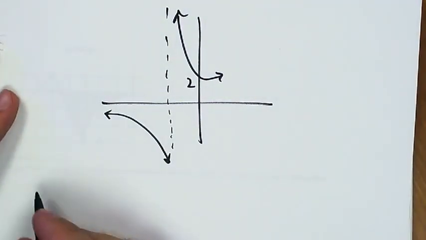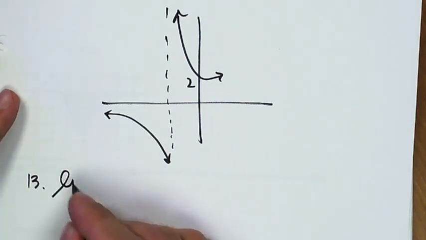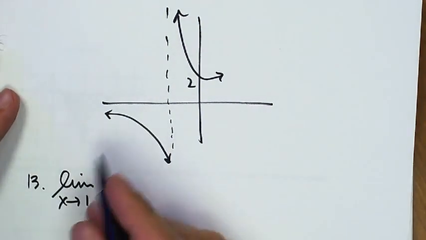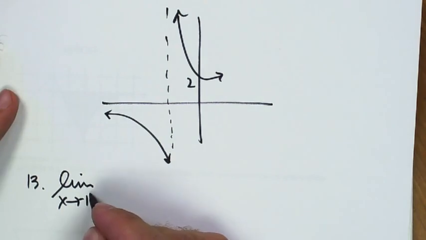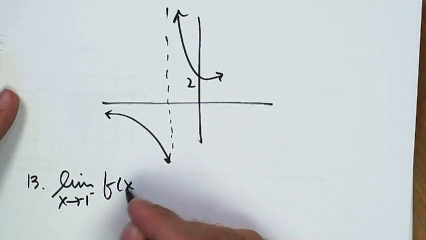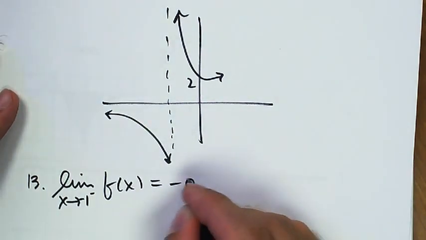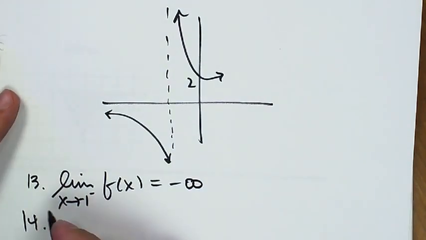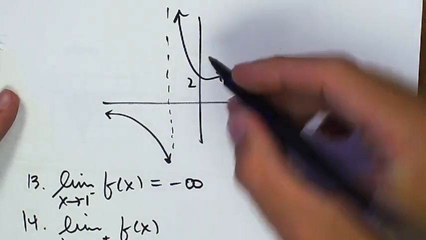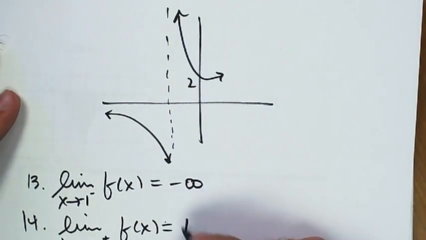So I'm just going to brush through these. The limit as x approaches -1 from the negative side, we're going down here to negative infinity. The limit as x approaches -1 from the positive side of f of x, it's going to positive infinity.